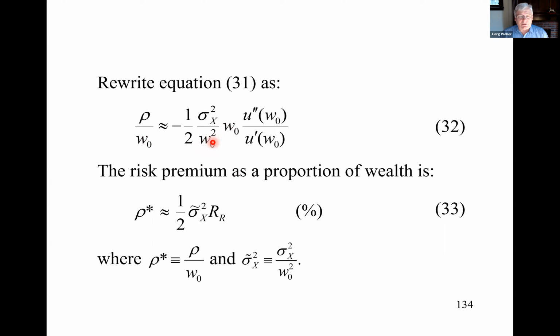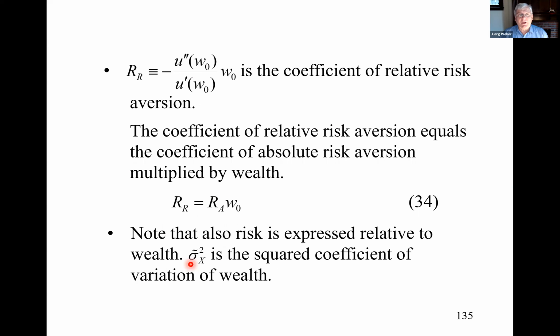Now that's called the coefficient of relative risk aversion. And here we express the risk premium as a percentage of wealth. I have here the coefficient of relative risk aversion.